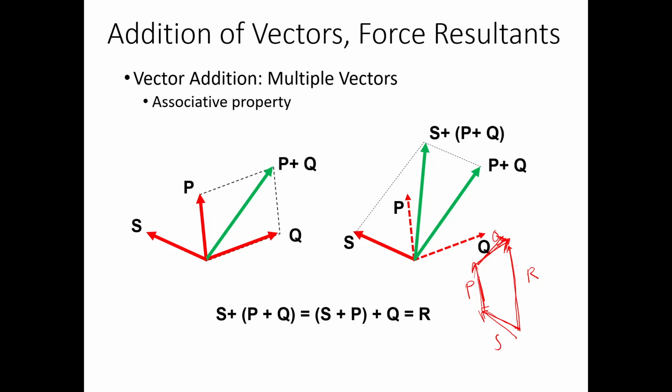so aside from adding it from tip to tail, going back to the property of vector addition, it doesn't matter if you add up the two vectors first, and then you add the third vector, it will still result to the R value, the resultant of your force system.